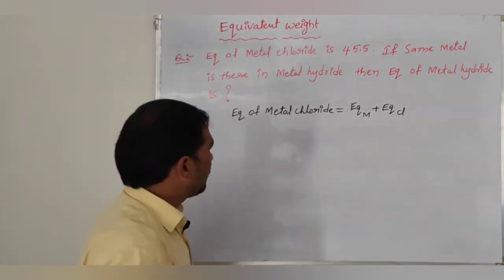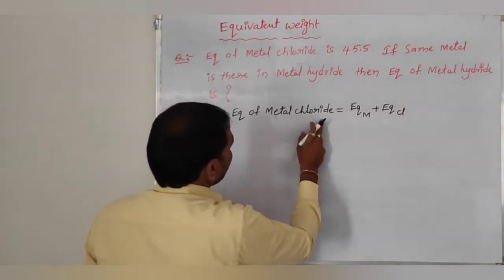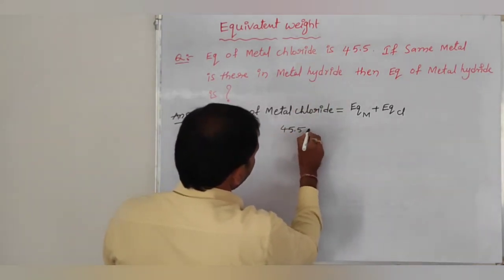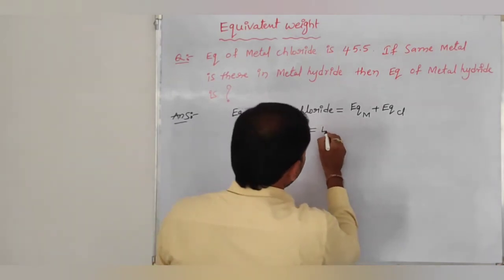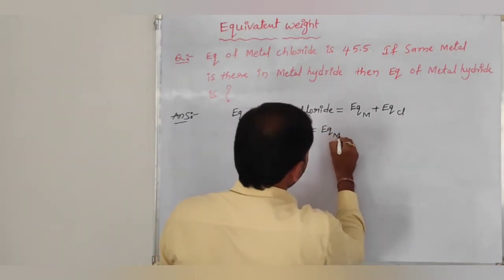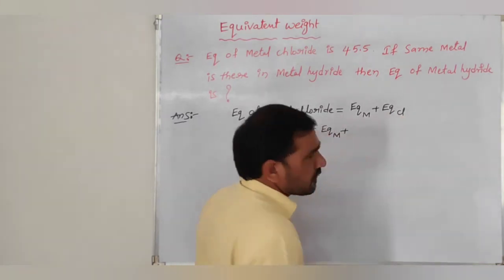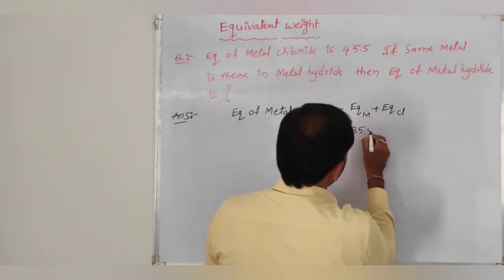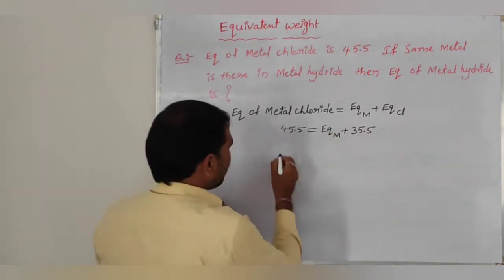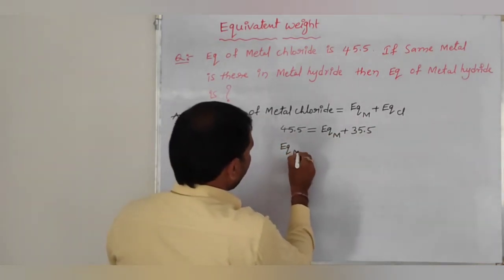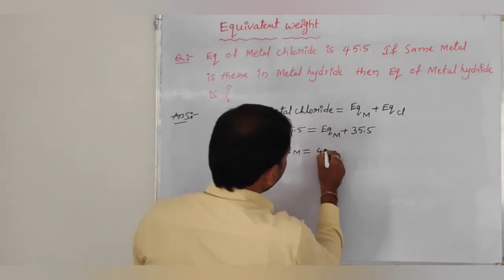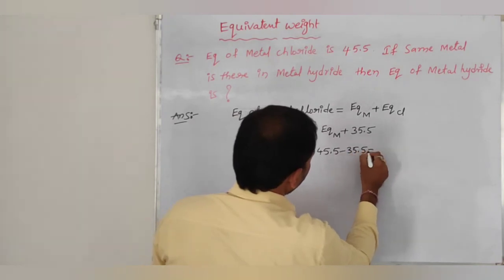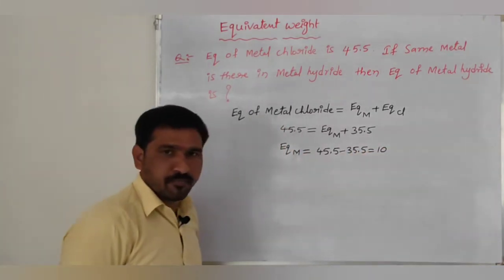Is it clear, beta? Then the equivalent weight of metal chloride given in the question, that is 45.5, equals equivalent weight of metal plus equivalent weight of chloride constant, that is 35.5. Therefore equivalent weight of metal is equal to 45.5 minus 35.5, that is equal to 10 grams.